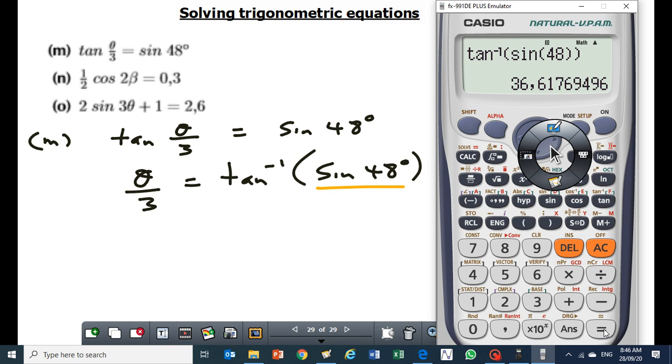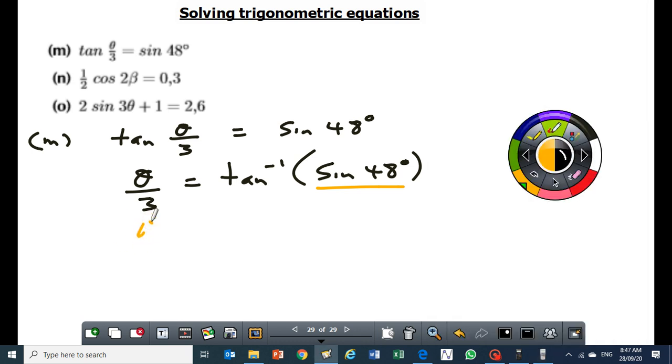In fact, my next step, I don't want to confuse you, but you can multiply this whole thing by 3 if you know your equations well. But I don't want to do that because someone might end up getting confused. So my next step would be to say theta over 3 is equal to these values, 36,61... I'm not going to round it off, because that's not the final answer.